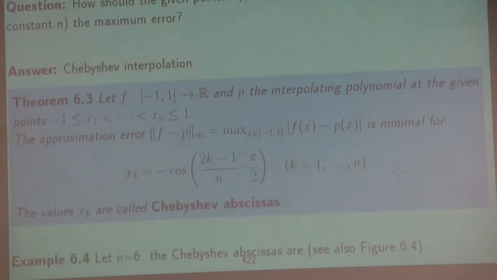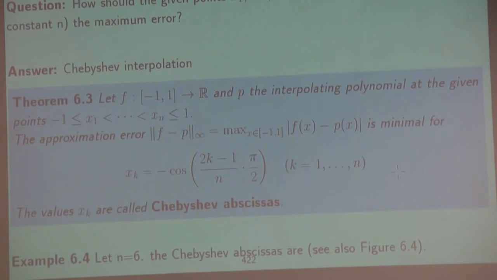Okay, f defined on this interval, and p is our interpolation polynomial at the given points on the interval between -1 and 1. So we have n points in this interval. And of course, we don't know where these points have to be.